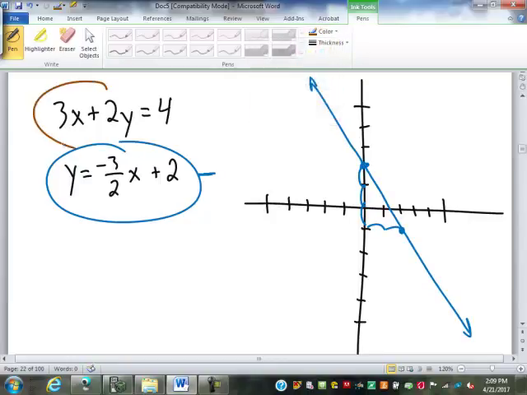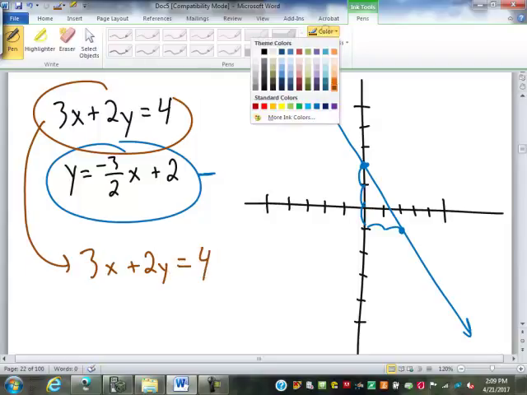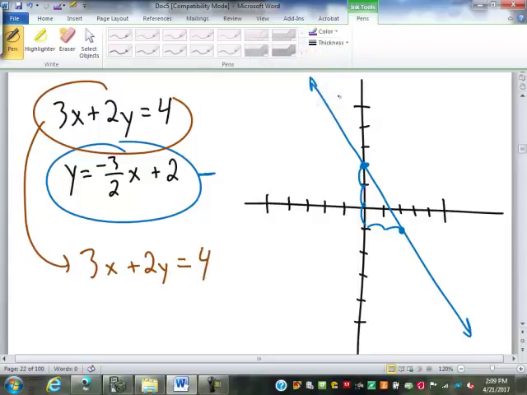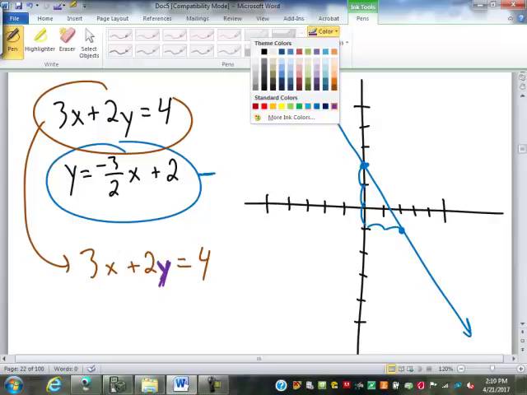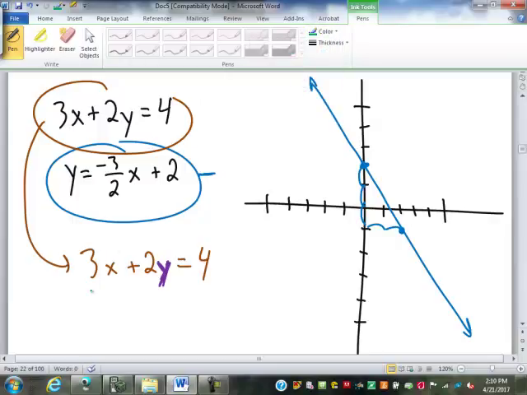Now this first equation has to be rearranged so that we can graph it. This is the tricky part. Remember, we're used to solving for x, but here we have to solve for y. We have to get y by itself, so we have to get rid of the 3x and the 2. What do we do first? Subtract the 3x. Perfect.